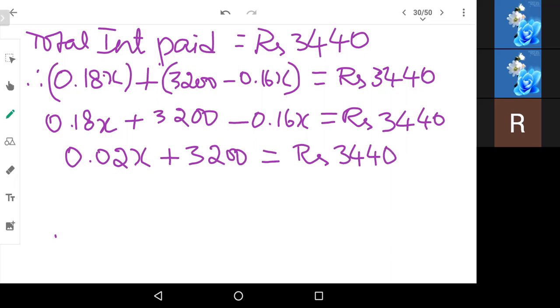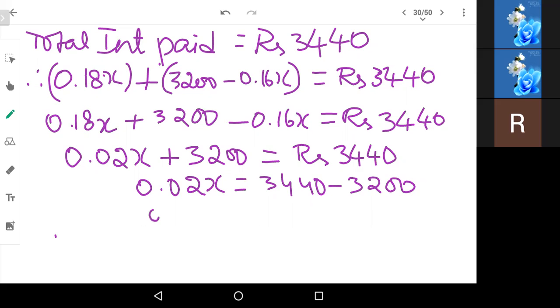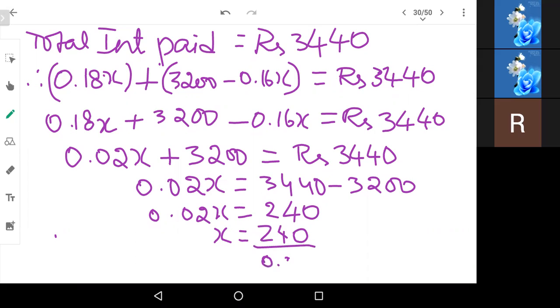Now take this 3200 to the other side. 0.02x is equal to 3440 minus 3200. So 0.02x is equal to 240. So x is equal to 240 by 0.02. So x is equal to 12,000.